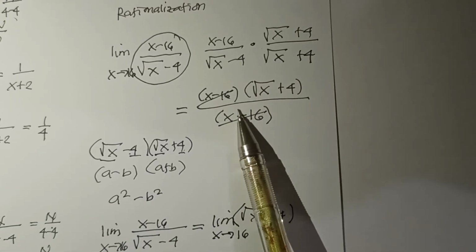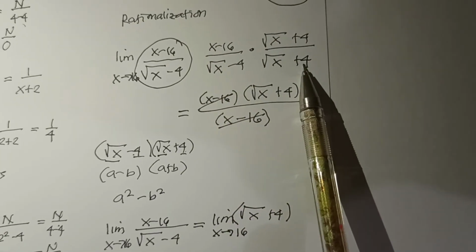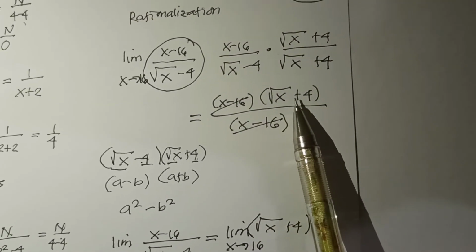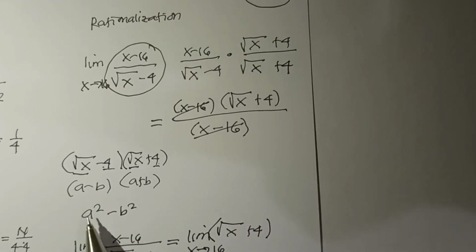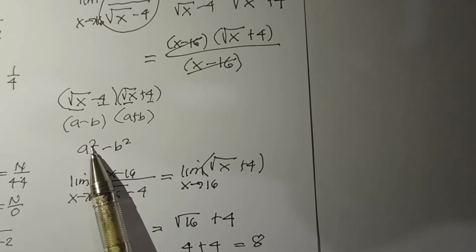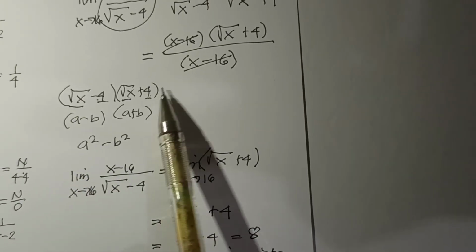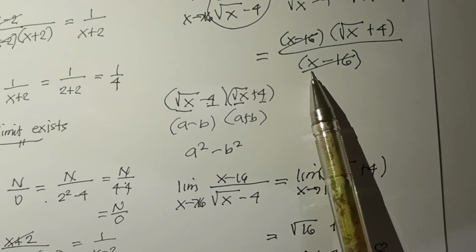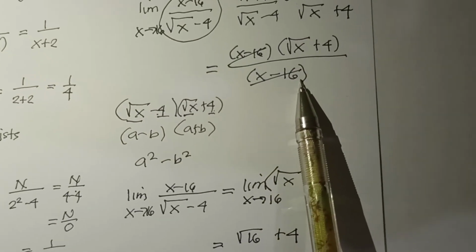So we have x minus 16, because we're going to multiply that, right? So x minus 16 times the square root of x plus 4. By the use of the concept of algebra, which is (a minus b) times (a plus b), the result is a squared minus b squared, we come up with this. That's why it's easy for you to multiply if you have knowledge about algebra, x minus 16.